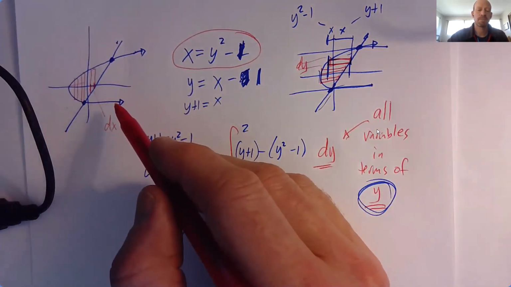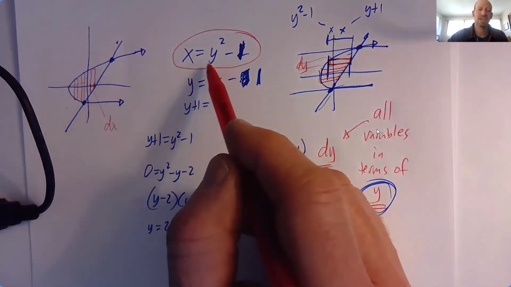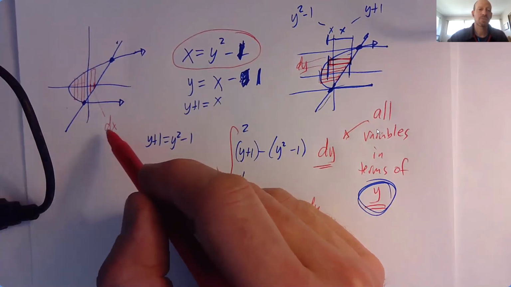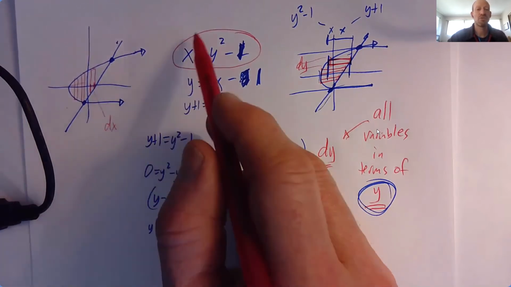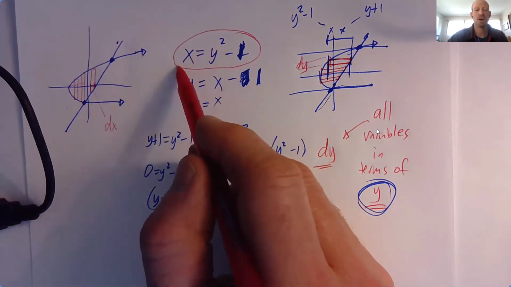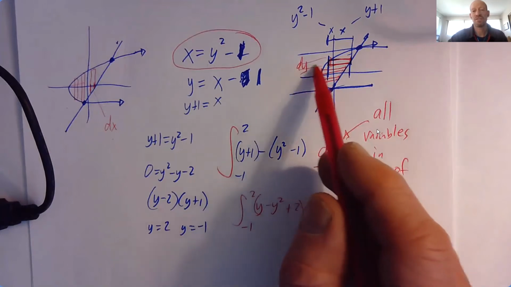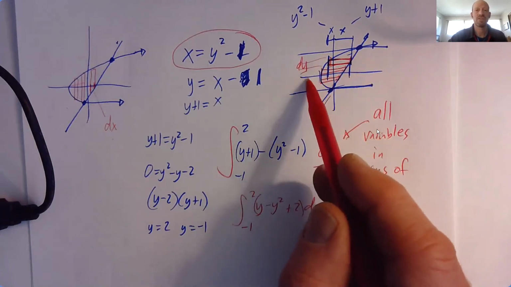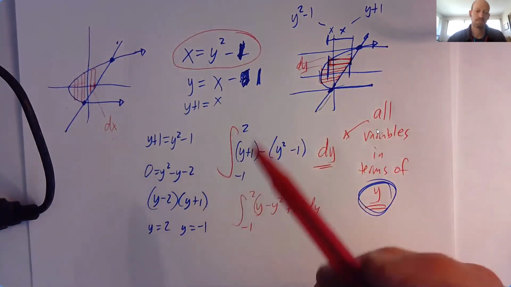So it's not very easy to change this in a way to make it dx. Dx would mean I'd have to change the y values into x's. That's hard to do the way this equation is written. Much easier to change the x's into y's, which means it's easier to have these slices horizontal, these dy slices rather than dx slices.